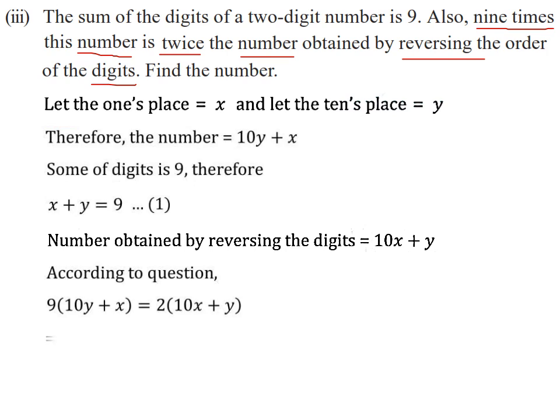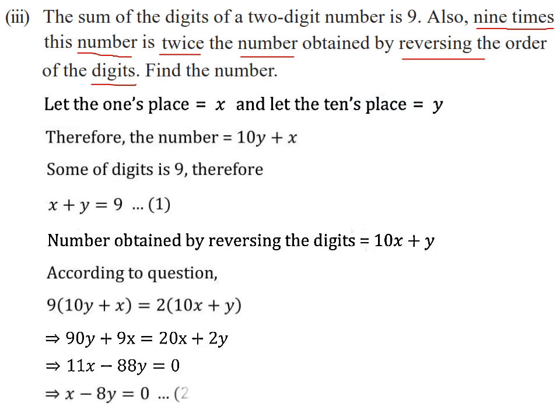So this can be written as 9 into 10y plus x equals 2 times 10x plus y. Now simplification, I will get 90y plus 9x equals 20x plus y. Now taking x and y towards the right hand side, I will get 11x minus 88y equals 0. Now divide the whole equation by 11. Then I will get my simple equation x minus 8y equals 0. And that is my second equation.